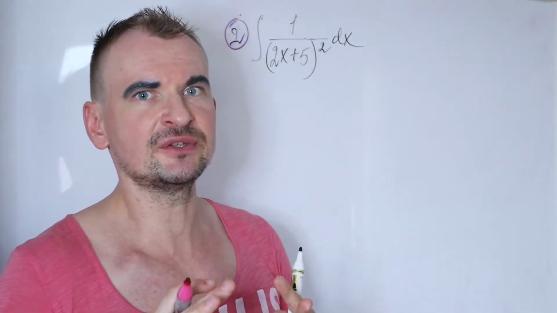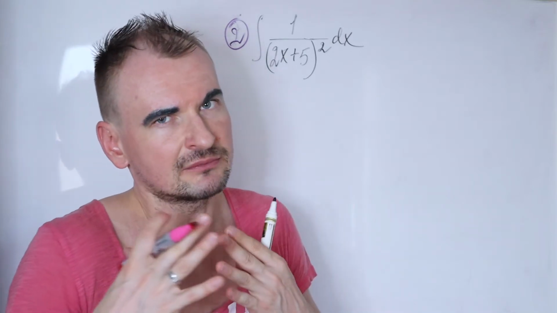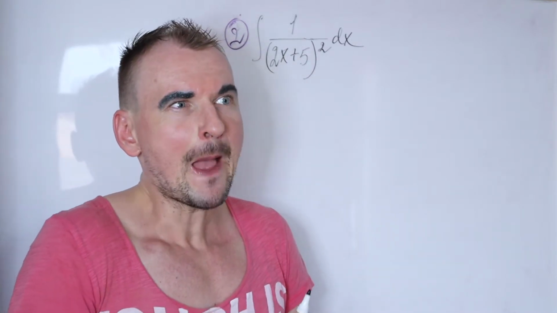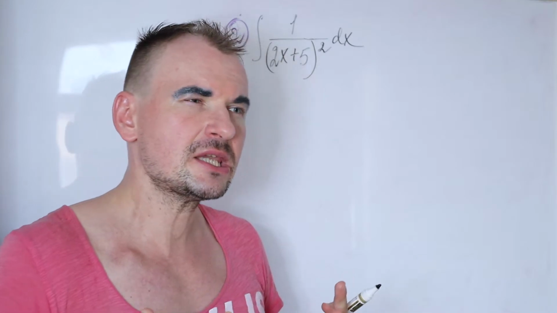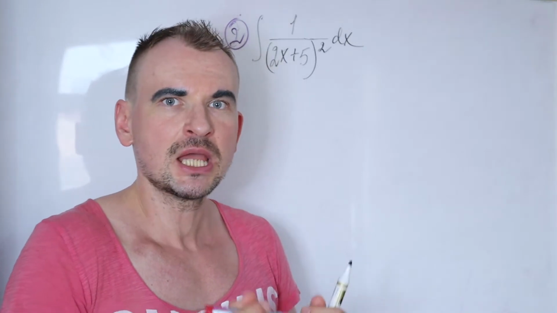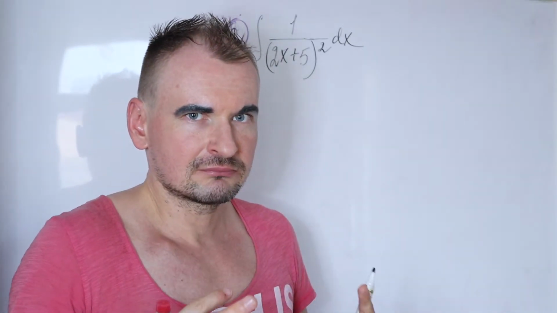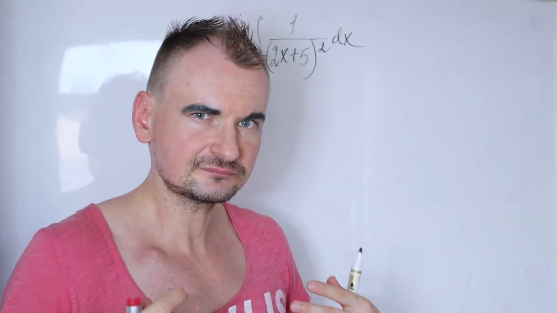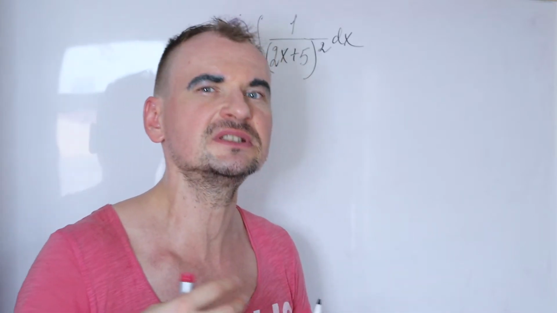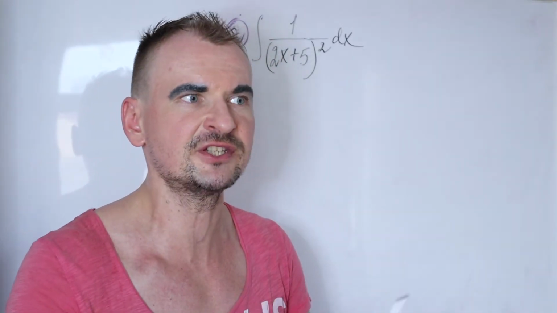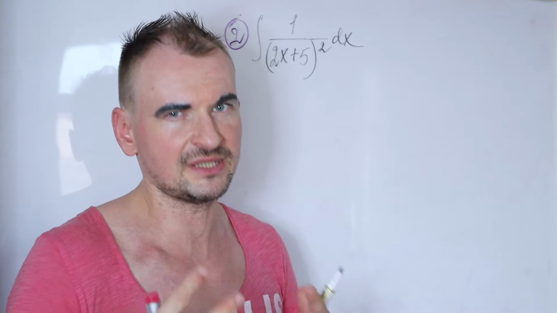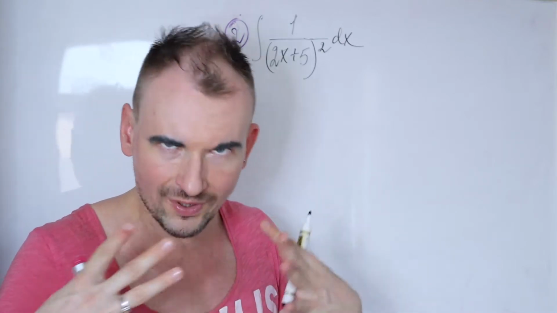Sometimes you are already given u when you do some problems, and at that point you are lucky. But if you pick your u wrongly and your integral does not get simpler than it was before, so you cannot integrate it after you substitute, you could always go back and pick your u being another variable or another expression.